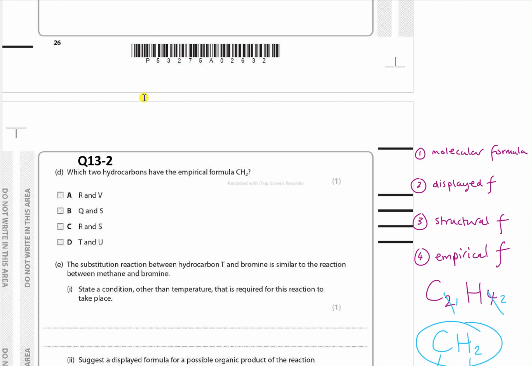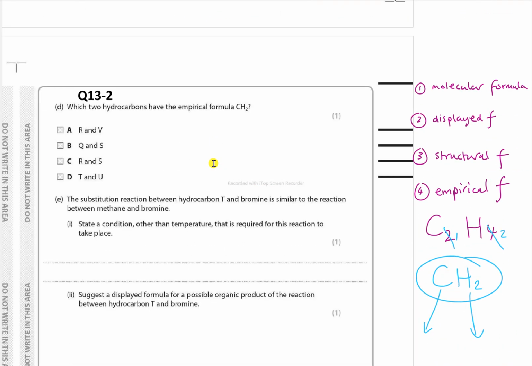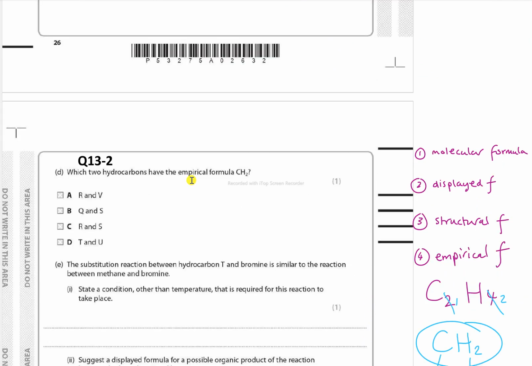And so what's the question asking? Which 2 hydrocarbons have the empirical formula CH2? There's all 4 of them, R and V. So out of the options that they've given, it's just those 2.